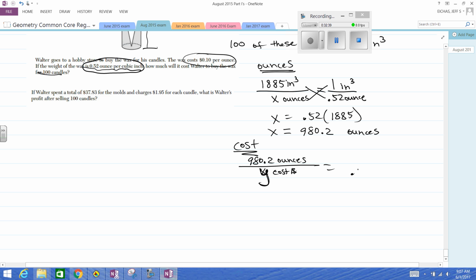So let's put 0.10 down there. So that's your cost for every 1 ounce. And again, let's cross multiply. And the cost for this looks like 98.02. Yeah, 98.02. Sorry about that. Should have been simple. Just move the decimal place. Okay, so the answer to this is the cost of 100 candles.